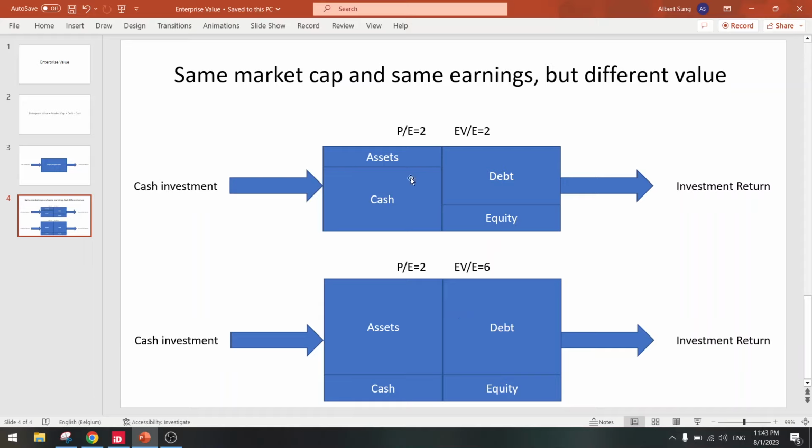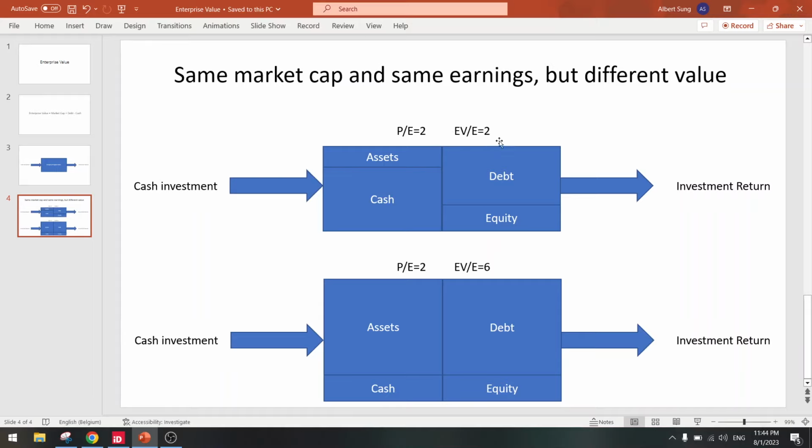The first company has a lot of cash, and that cash is equal to the amount of debt. So basically, the market cap is the same as the enterprise value in this case. PE is 2, EV to E is 2, right? Because with that cash, you can just pay off the debt.